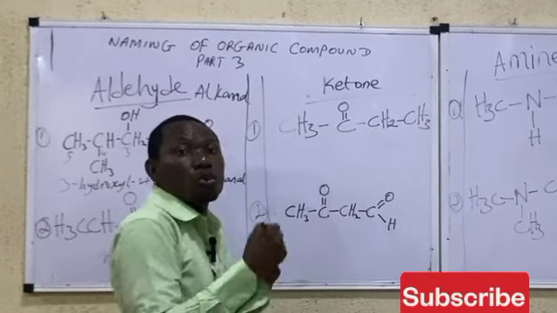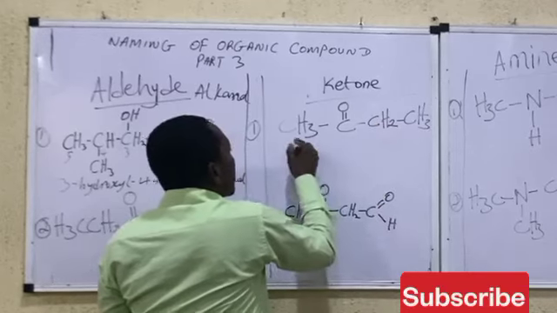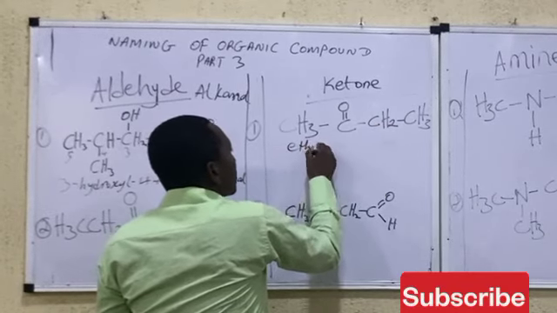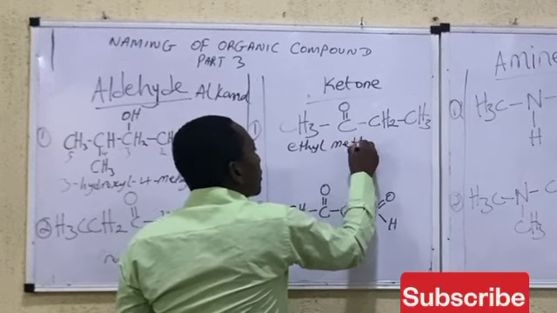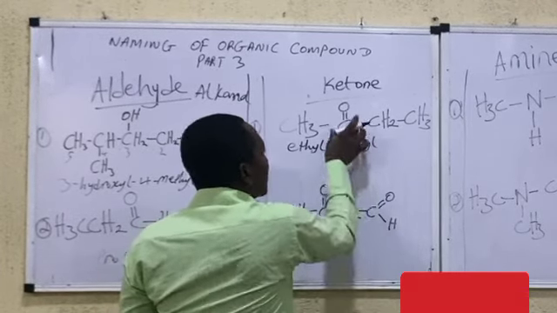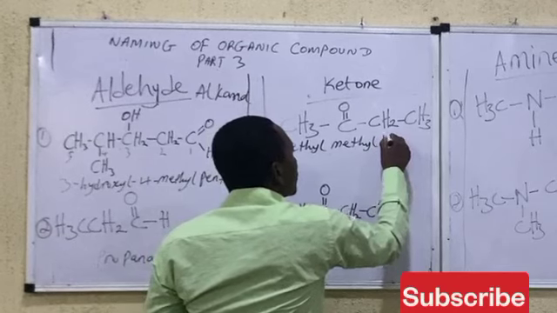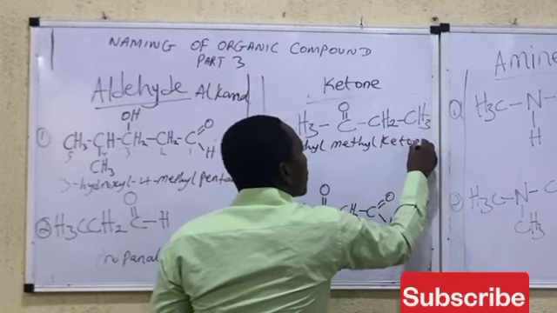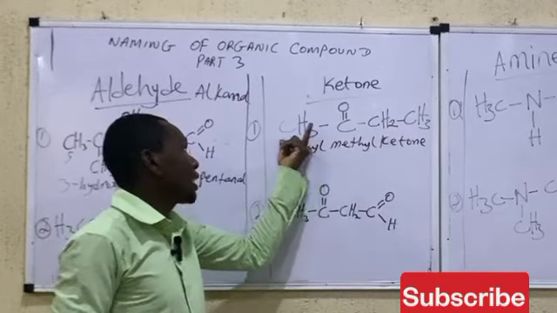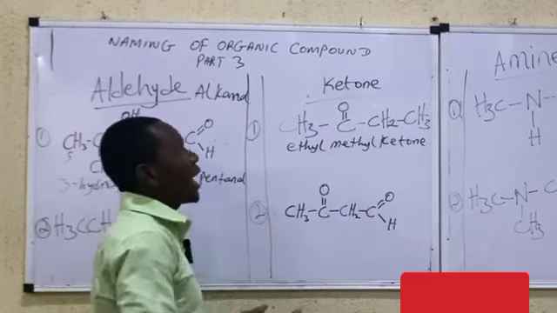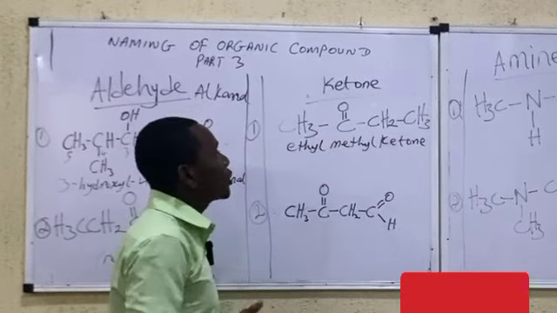So the old way of naming it, you just pick this. Ethyl. This. Methyl. Then this. Ketone. Now, indicating that we have an ethyl group, and what? The ketone.